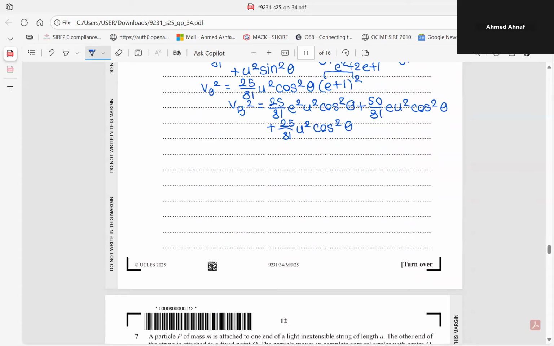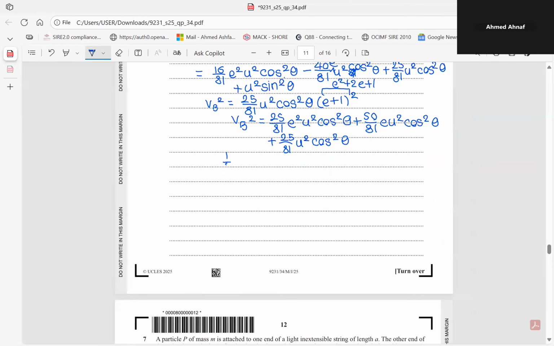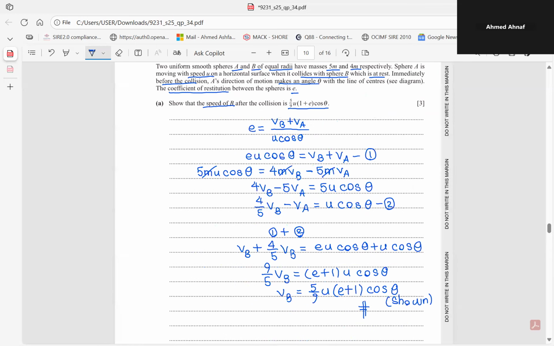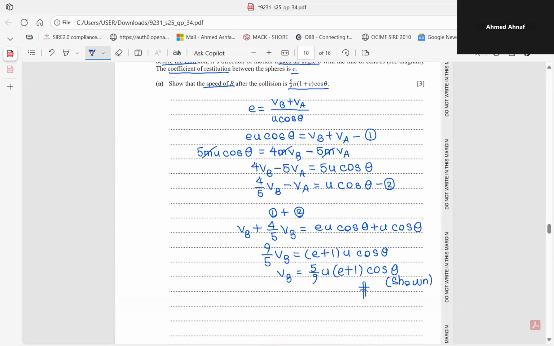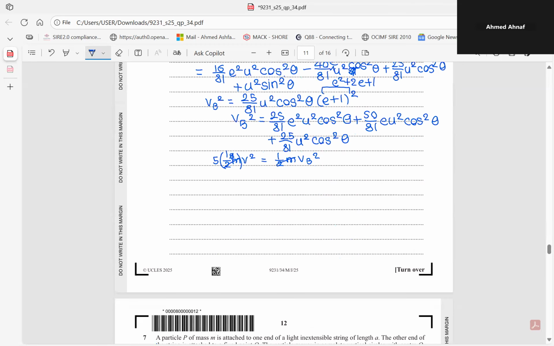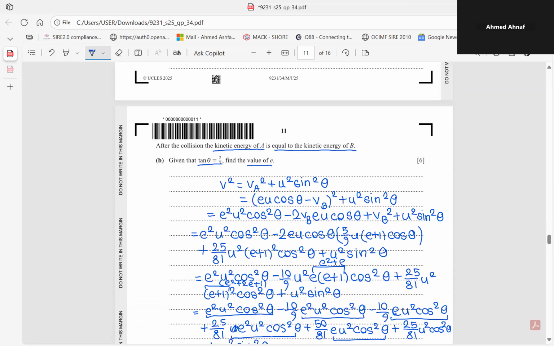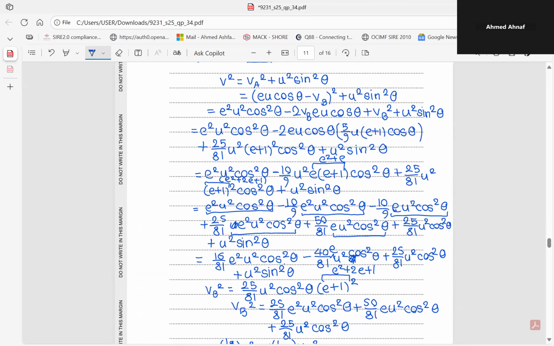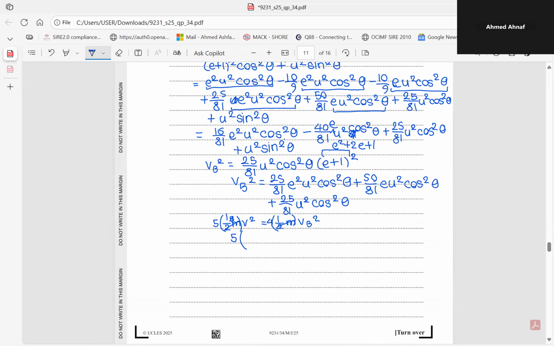Now, half m v squared goes to half m vb squared. Sorry, this is 5m, and then it's 4m. So you have 5 v squared.